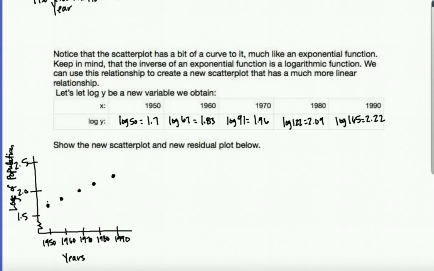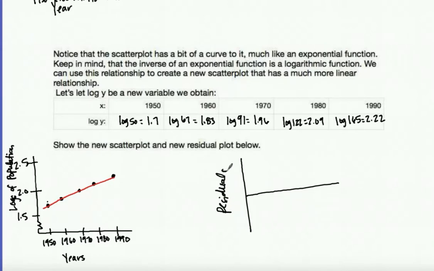So if you notice, this one has quite a better linear pattern. Okay, so that's a check. Now we're going to do the residuals. So remember, we make our T. So we've got our residuals.